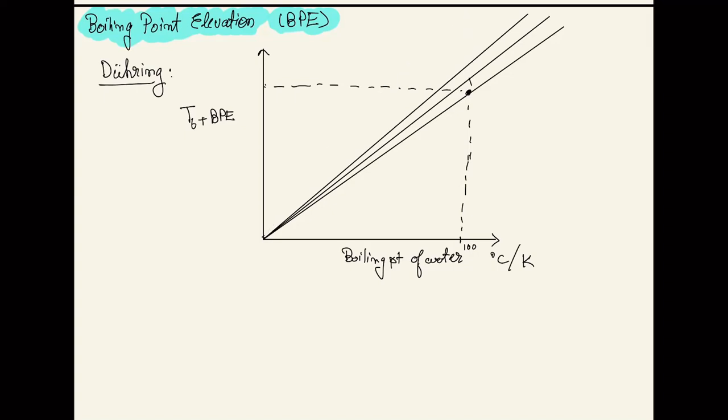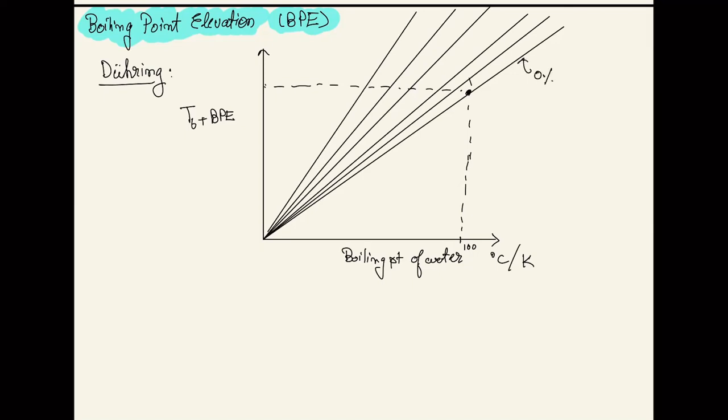Oops, not a curved line, it's a straight line. Something like that. So maybe this is the graph for 0% solute, say 5%, 10%, and this is saturated. You cannot add a particular solute to a solvent above a limit, right?